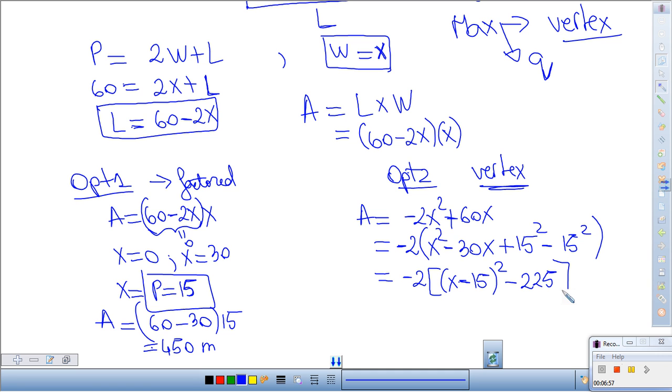And now we're left with taking away the square bracket, and the area would be negative 2(x minus 15) squared plus 450. Now, if I know that the maximum value of the area is given by the q, then the maximum area will be 450, and it happens when the x, or the width of that enclosure, is 15 meters.